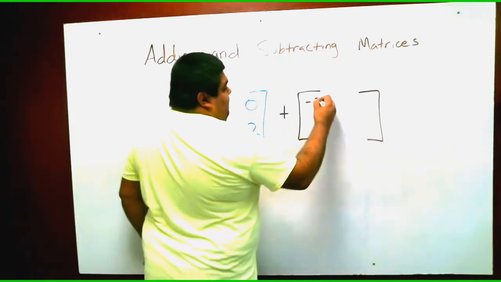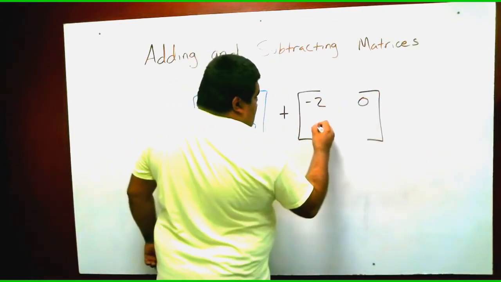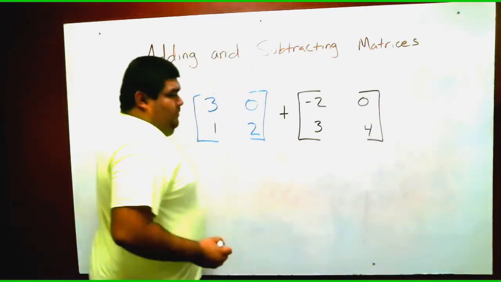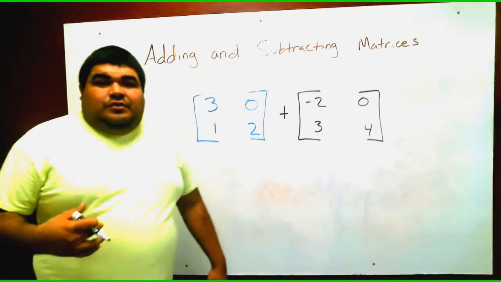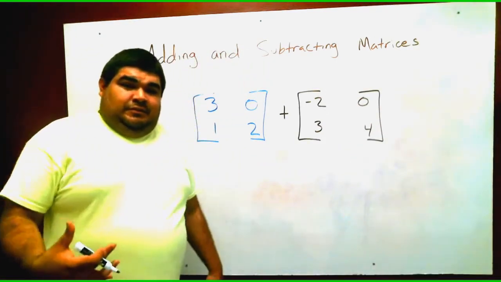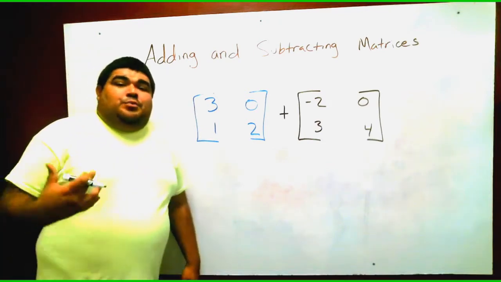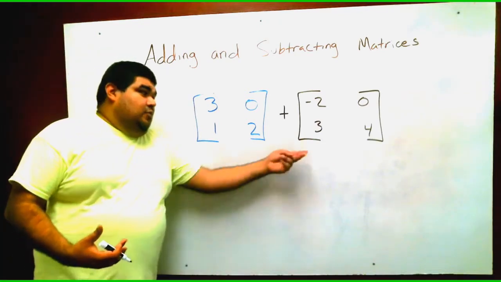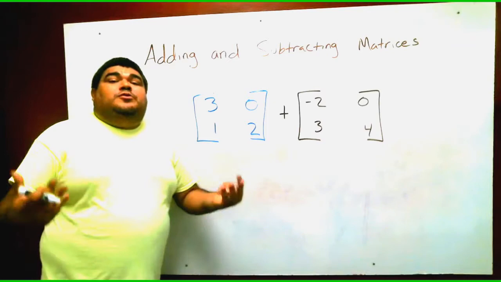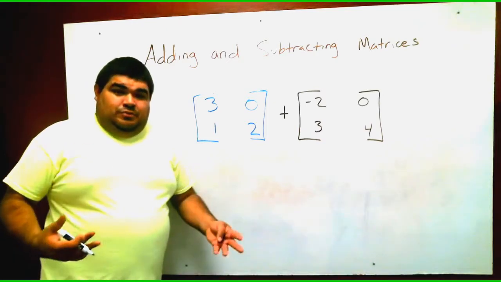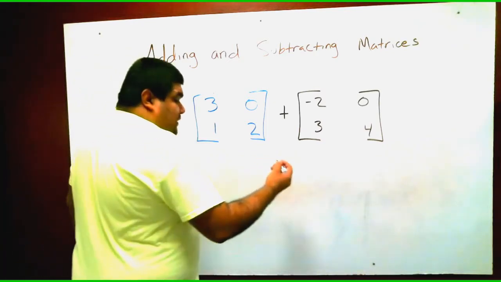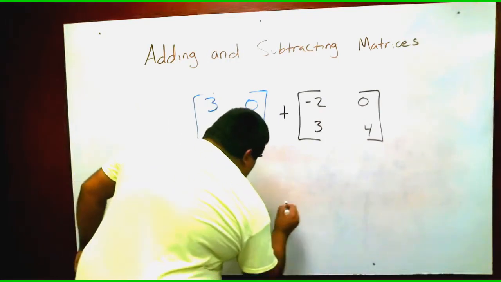I'm going to say negative 2, 0, 3, and 4. Okay? Since we're adding two matrices, your final product of these two matrices has to also be a 2 by 2.